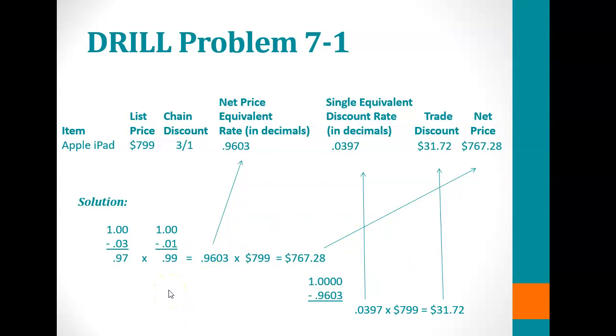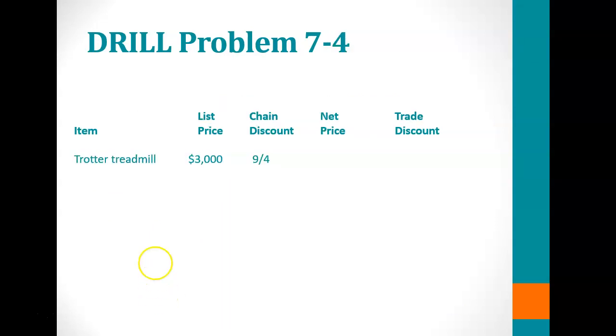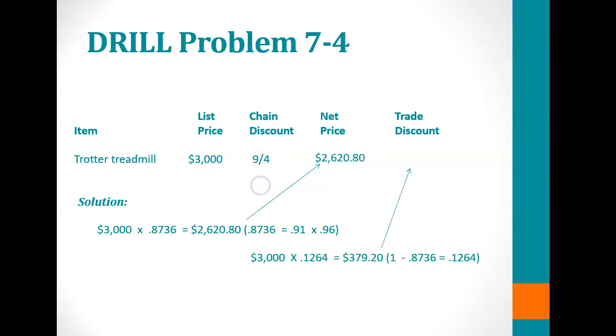One more. Okay. Next, we have a list price of $3,000 with a chain discount of 9/4. So once again, to get the actual percentage, you're going to take 0.91 times 0.96, and that would give you 0.8736.